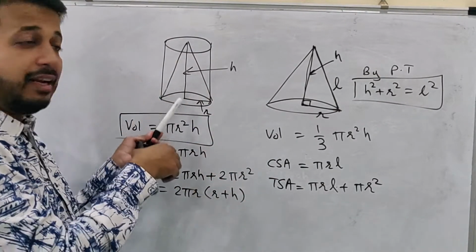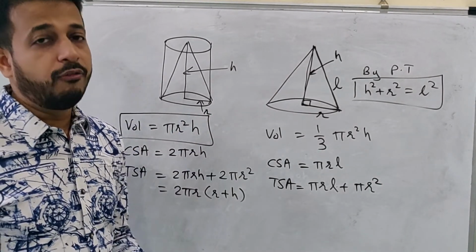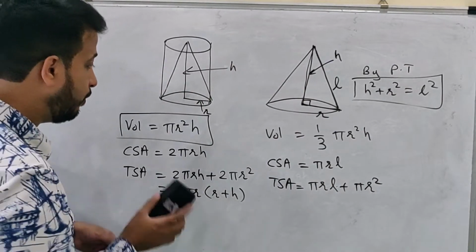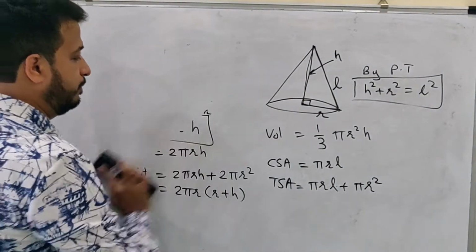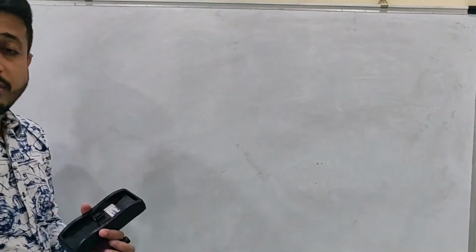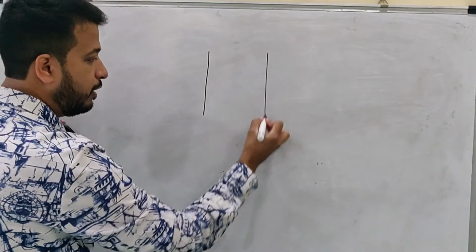Now for this cylinder and for this cone, if I want to derive the formula for the hollow cylinder, correct? Now let's see how I can derive the formula for the hollow cylinder. This was my solid cylinder. How will be my hollow cylinder?